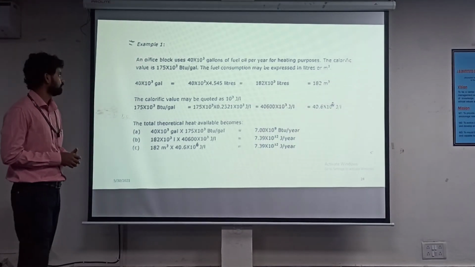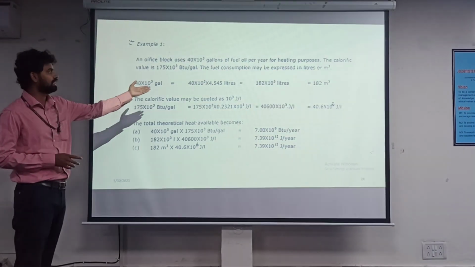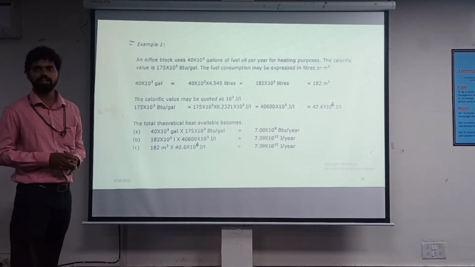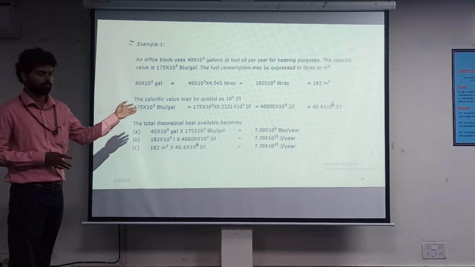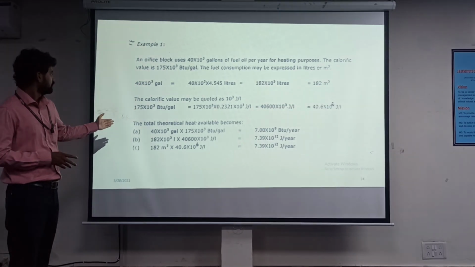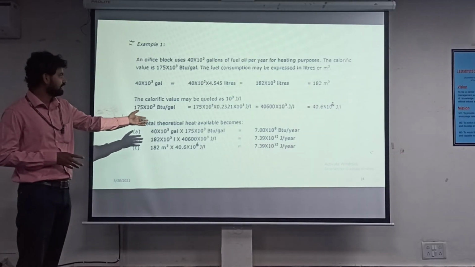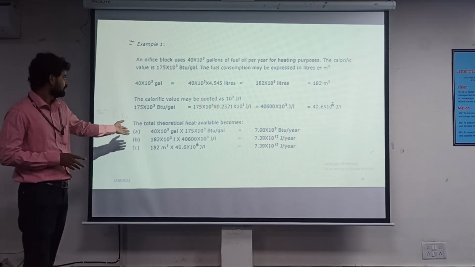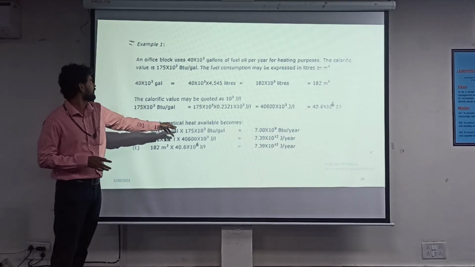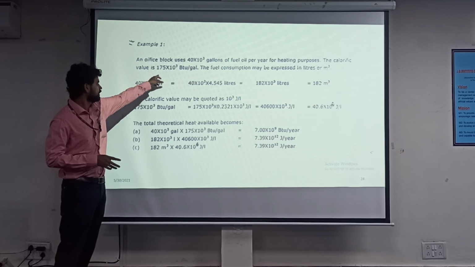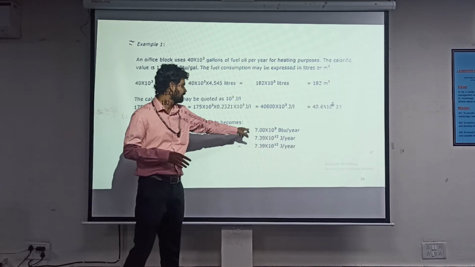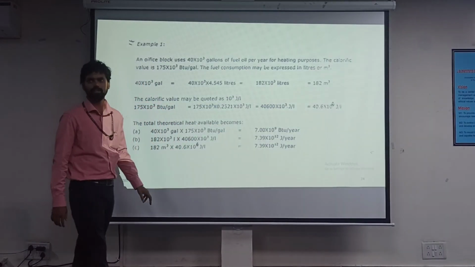They have converted gallons into liters, then liters finally into meter cube. The total theoretical heat available is this value multiplied with the calorific value. So we are getting 7 into 10 to the power of 9 BTU per year.